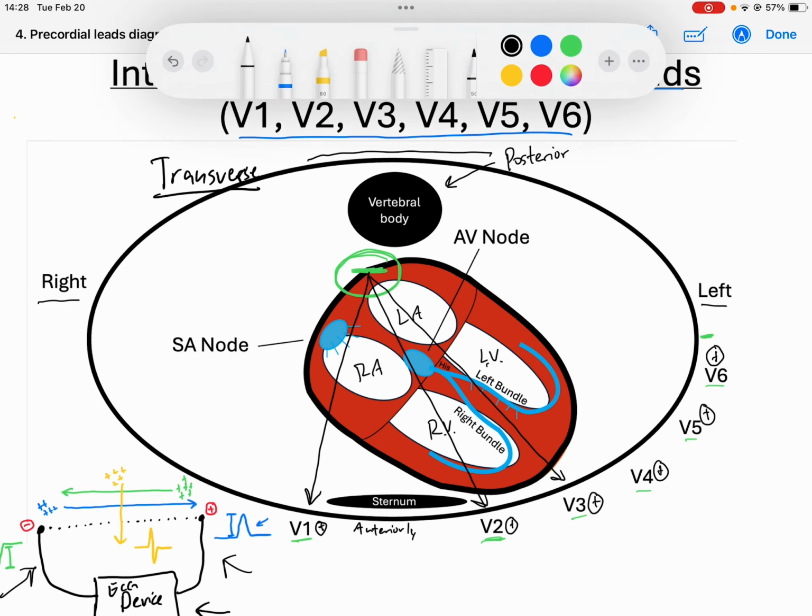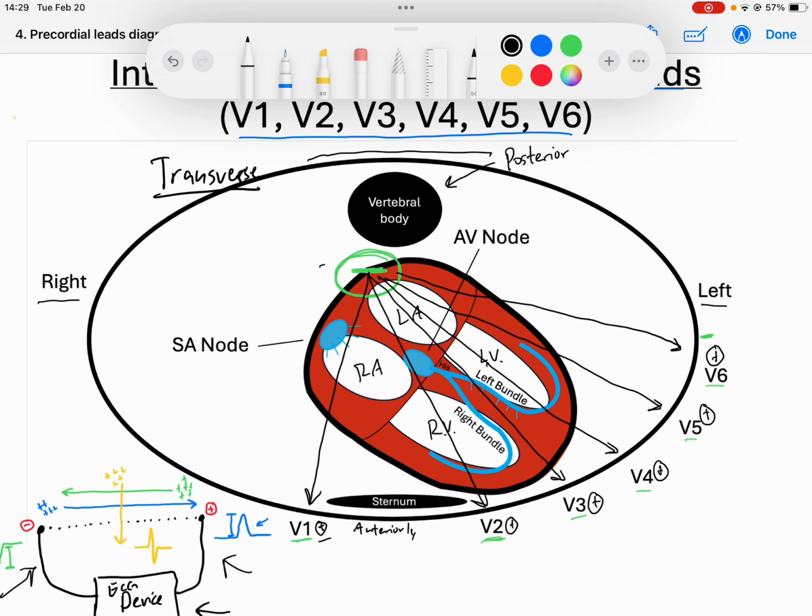We're starting to get more on the anterior portion of the chest wall with V4, and then we get the more lateral leads, V5 and V6, okay? That is how we get the creation of our precordial leads. Here is our positive and here is our negative, and these leads are all measuring forces going in those directions. So it's a pretty neat system.